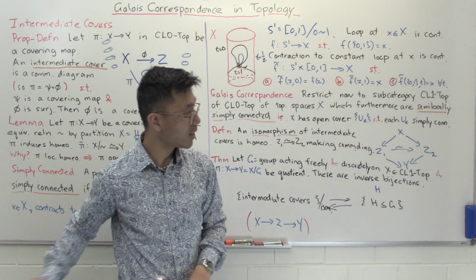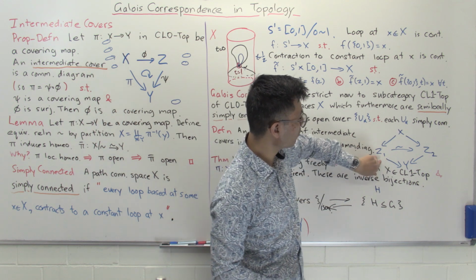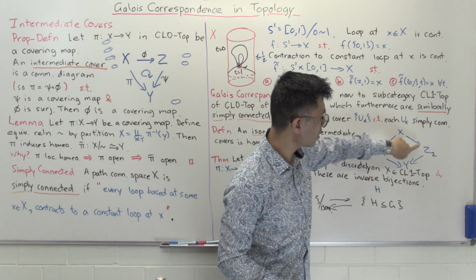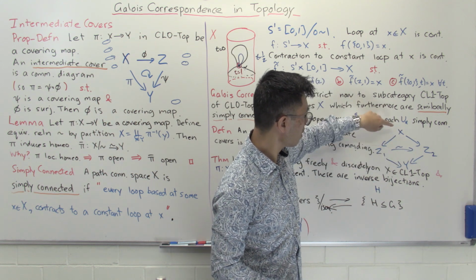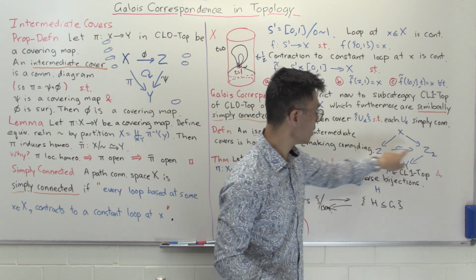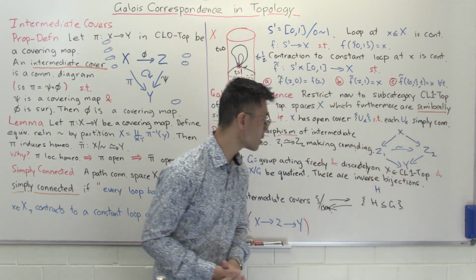I hope you can guess. It's a homeomorphism from Z1 to Z2 such that this diagram commutes. It doesn't matter whether you go this way or this way. This one is the same as this, and this way is the same as that.